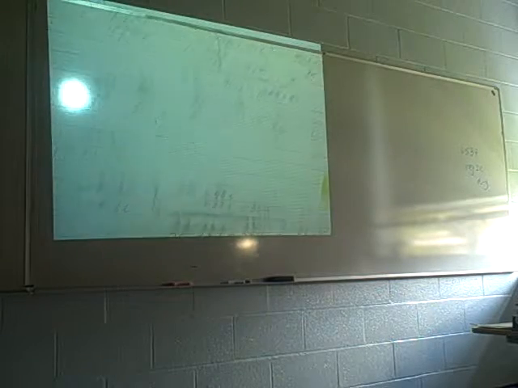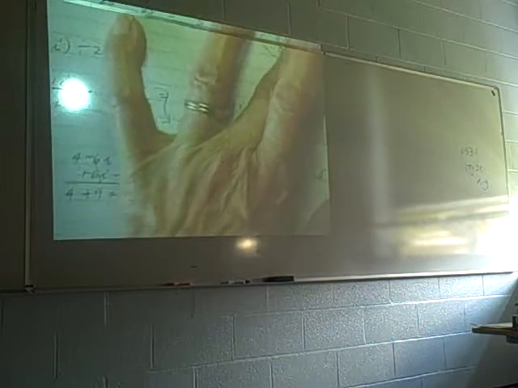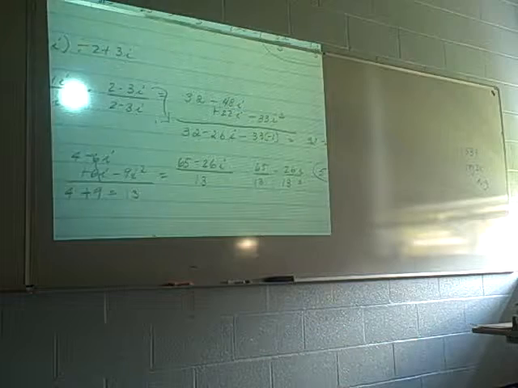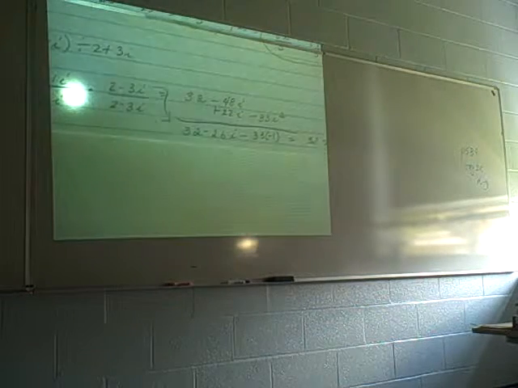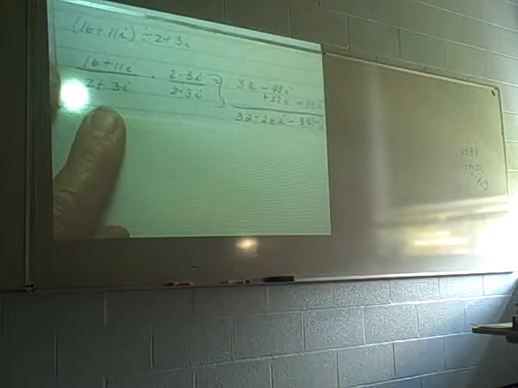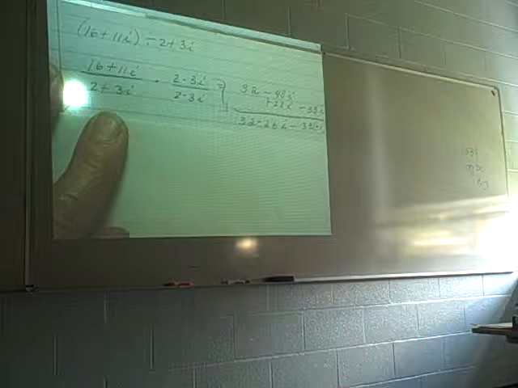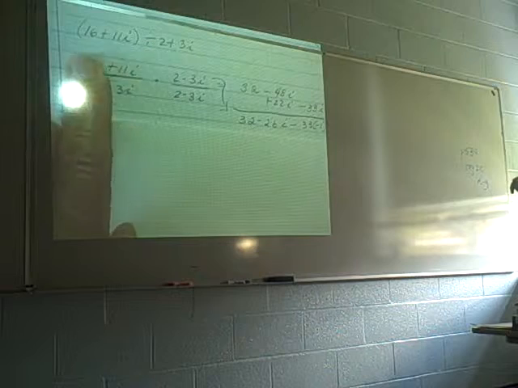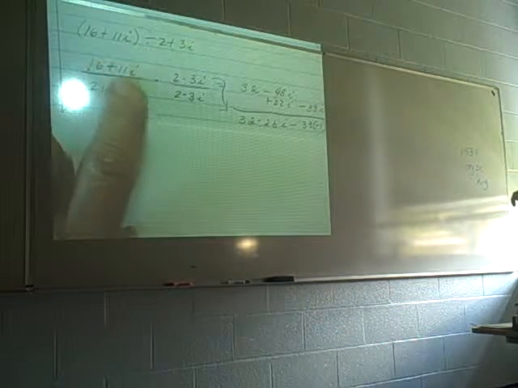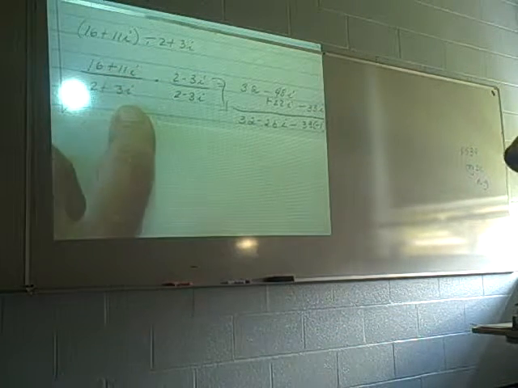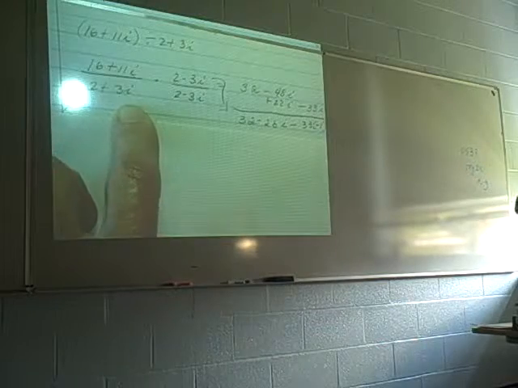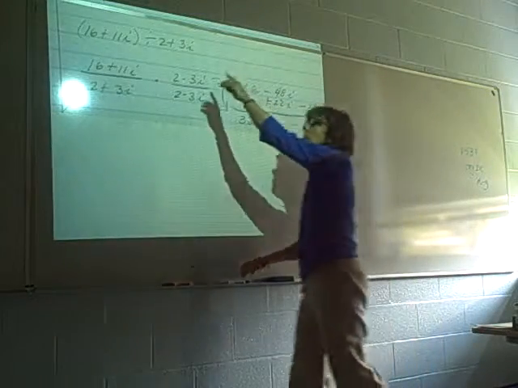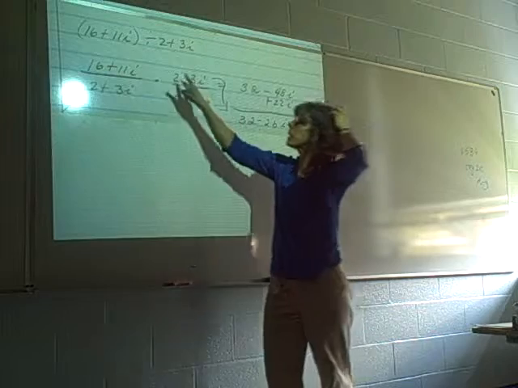Okay, so for number 14, I have here my original problem, which was 16 plus 11i divided by 2 plus 3i, and I just rewrote it. Isn't that what happens? It goes into the denominator, because remember we talked about writing this as a reciprocal, Michael?